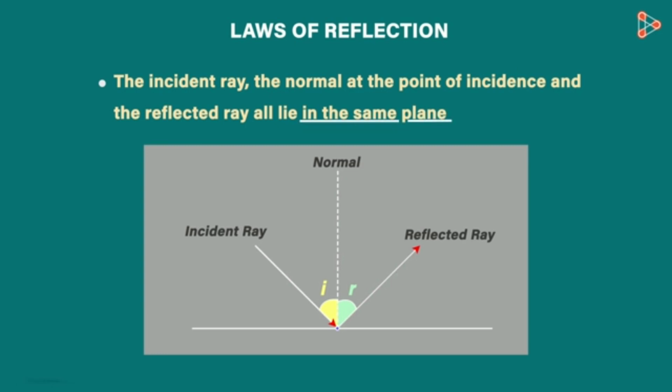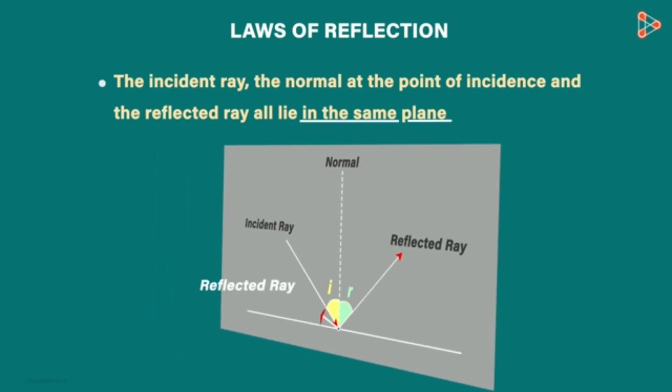For example, if the reflected ray is in this direction instead of this, then the diagram will look like this.